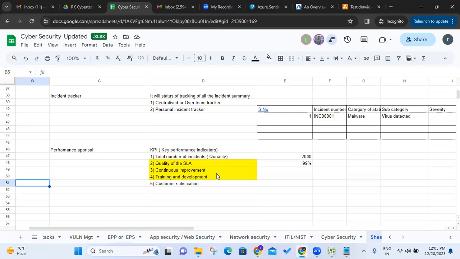In that scenario, at least you should be aware of what modules are there. They will not ask in depth, but module names at least. If you are saying pursuing. Otherwise, if you say in future I will do it, it's okay, no problem. They will not expect anything from you. Clear?